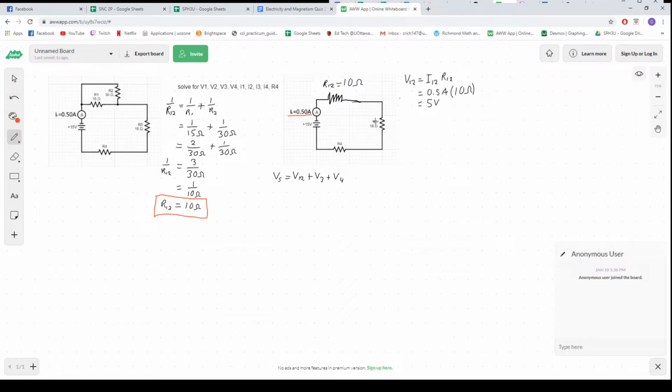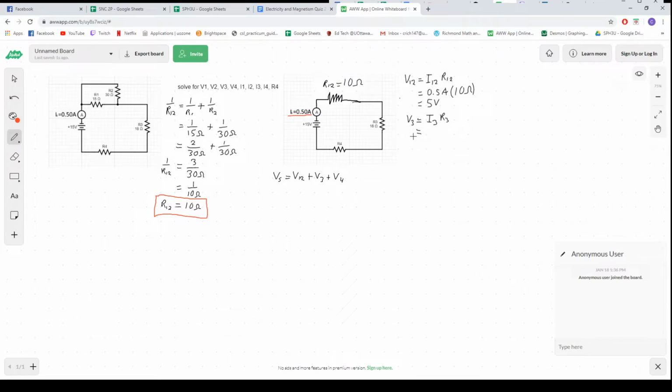Next up, we should find V3. V3 is going to be equal to I3 times R3. So V3 is equal to I3 R3, which is equal to, remember our currents are all the same.